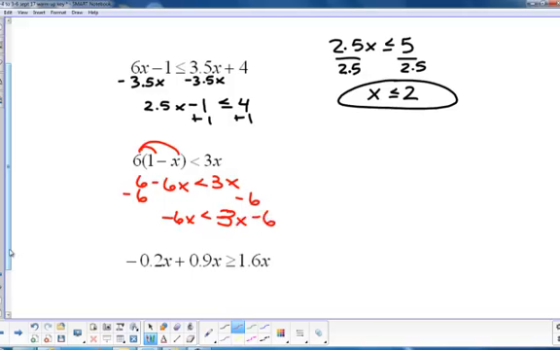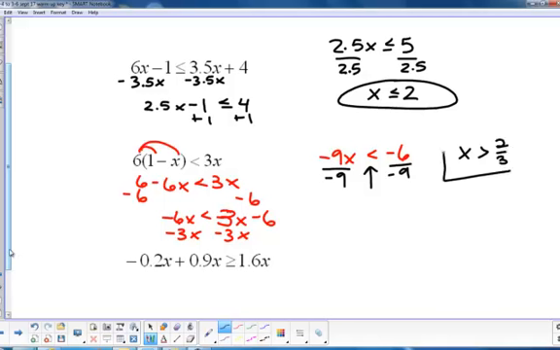And then we're going to bring the 3 over through subtraction. So we have a negative 9x is less than negative 6. And when you divide by a negative, you flip that inequality. So x is greater than 6/9, which is 2/3.